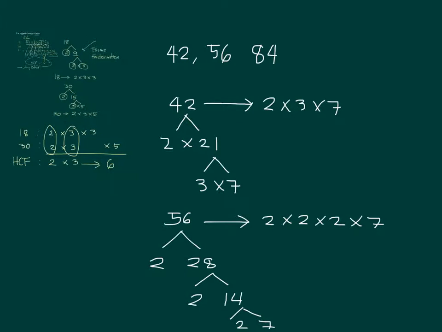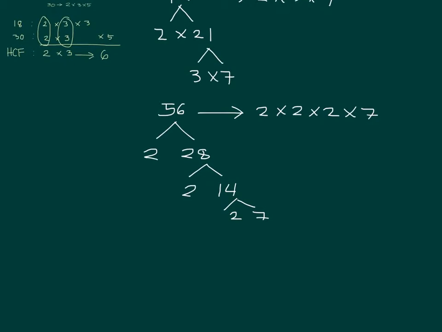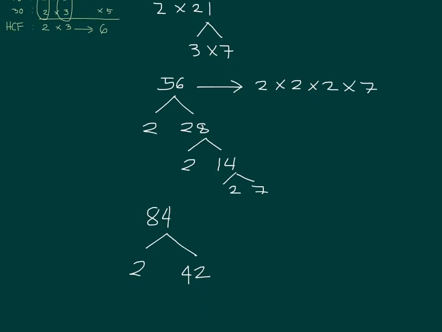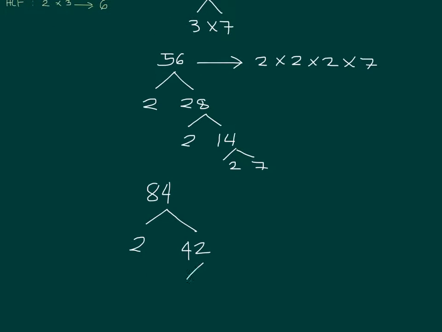And then we work on the last number. So we have 84. So we break down 84 into 2 numbers first. Let's divide it by 2, and this is 42. 42 is the same, so half it again because it's an even number. I have 21, and then 21 is 3 times 7.